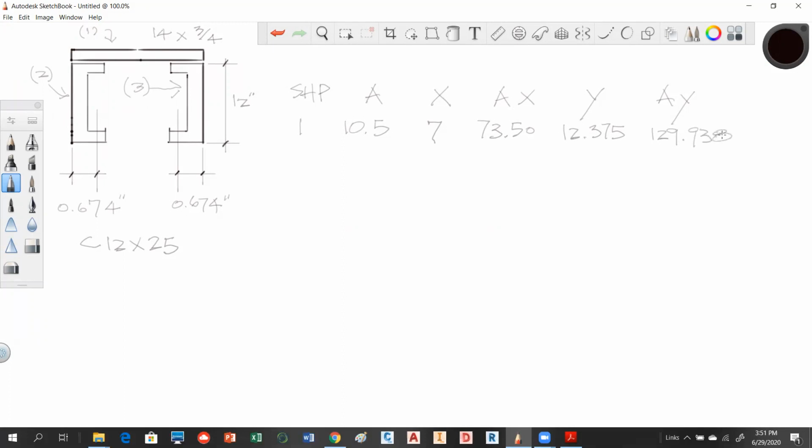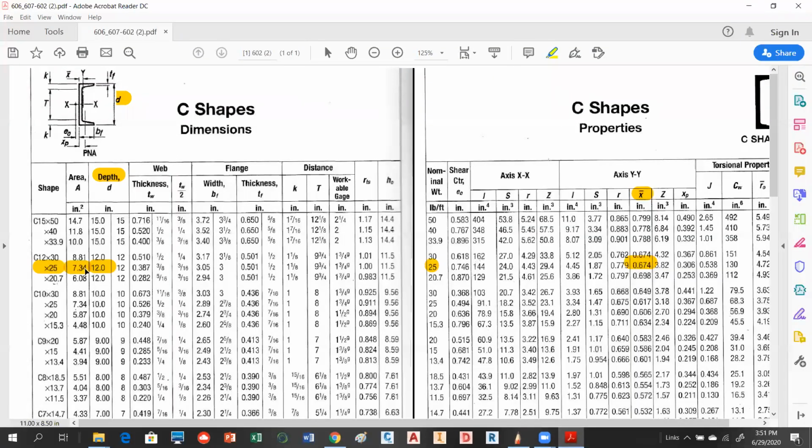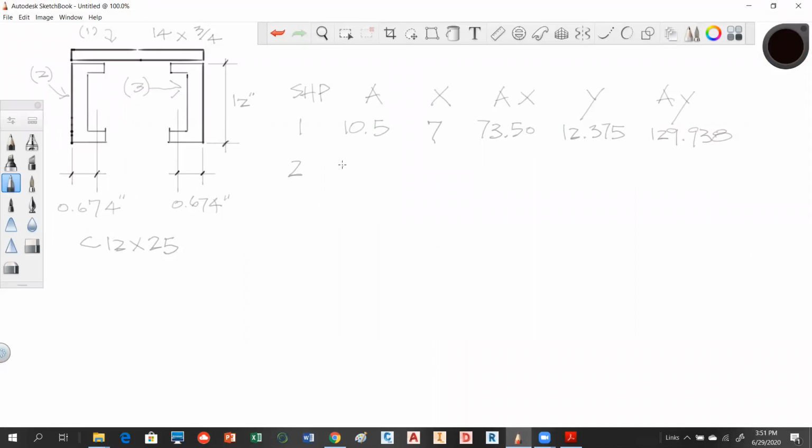Okay, so looking at shape 2 now, shape 2 is that channel. And if you remember what we had for that, 7.34, that's my area. So X is the distance from the origin to the centroidal YY axis of this guy, which is this one that we were able to look up.